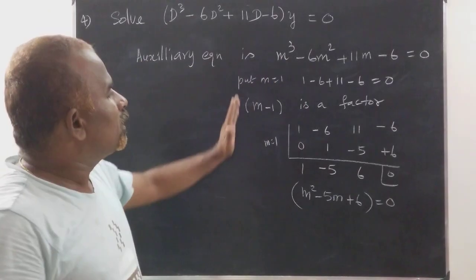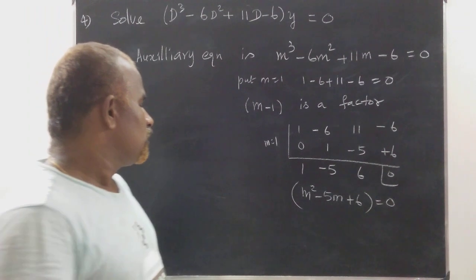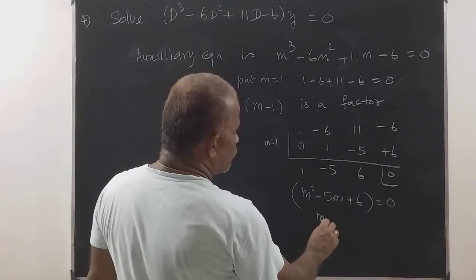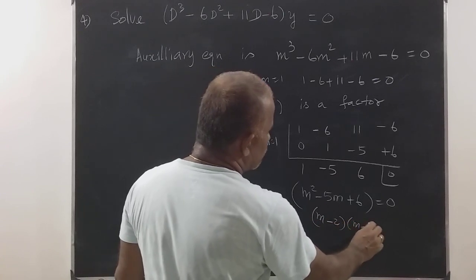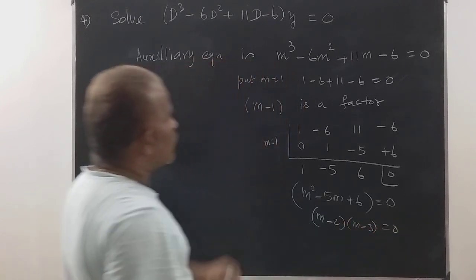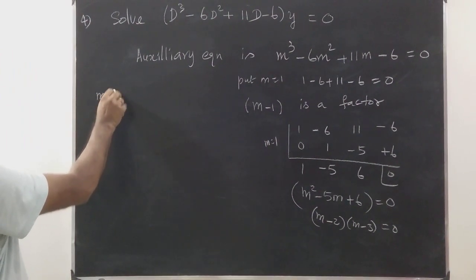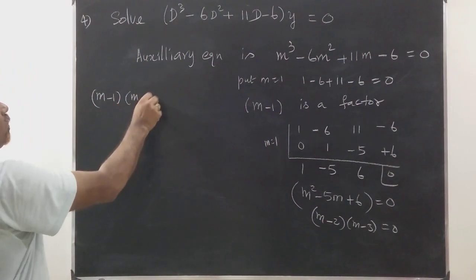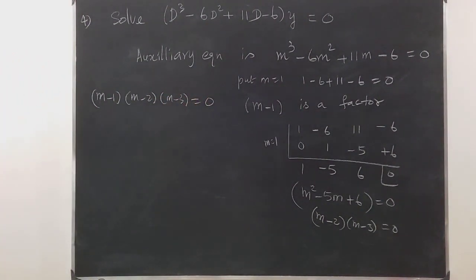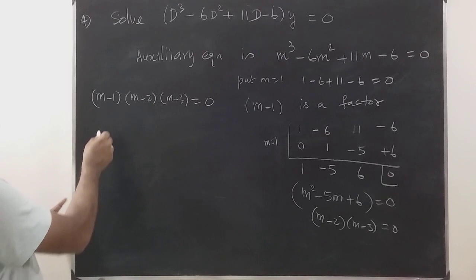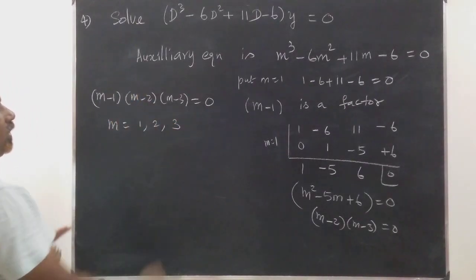So this is the method for finding the roots. Okay. So here m is equal to 2 and 3. Therefore m minus 2 into m minus 3 is equal to 0. So the solutions are m minus 1 into m minus 2 into m minus 3 is equal to 0. So therefore the roots are m is equal to 1, 2 and 3.